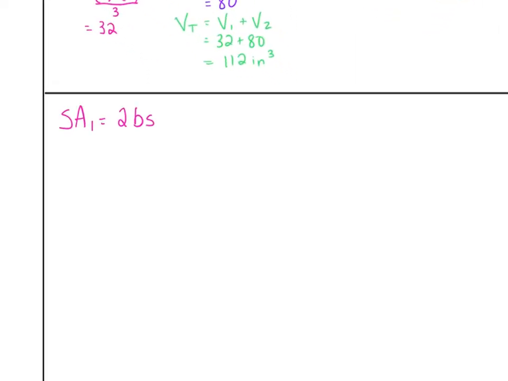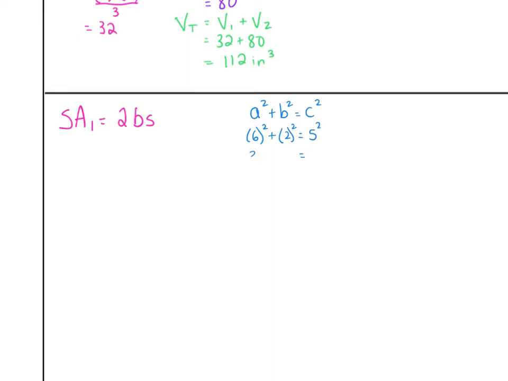So using Pythagorean Theorem, we have a squared plus b squared equals c squared. C is the hypotenuse, and a and b are the 2 legs. So the first leg is a, which is 6, and the second one is b, which is 2, and it equals c squared, which in our example is the slant height.